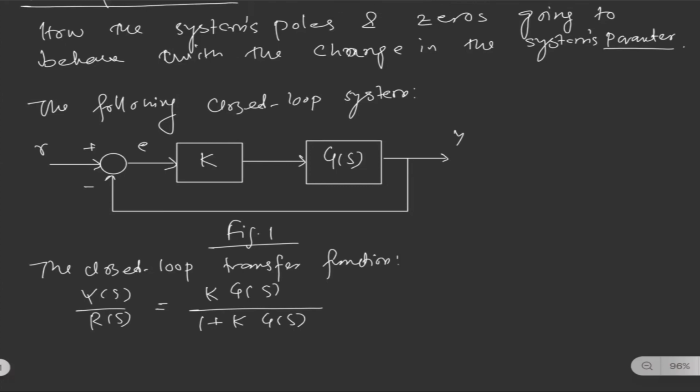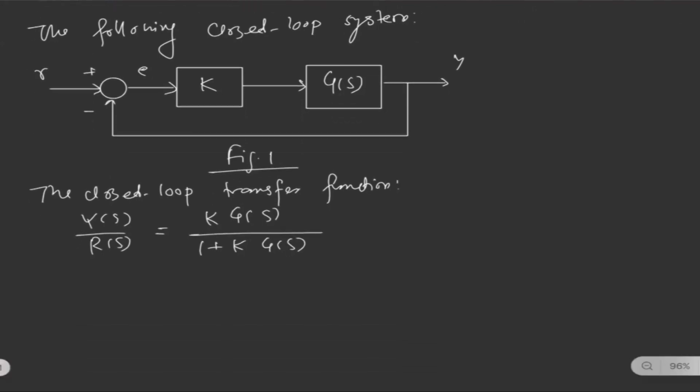In this block diagram, we'll check how the system poles and zeros are affected by the change in the gain K. We'll take this controller gain as the only parameter to be changed, but later we'll extend this to how we can tune the PID controller gains. That is another important topic we'll connect through this technique.